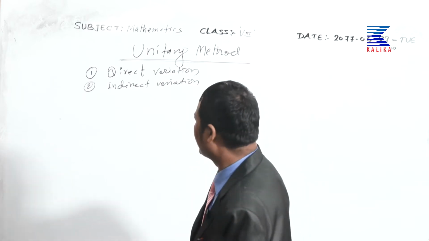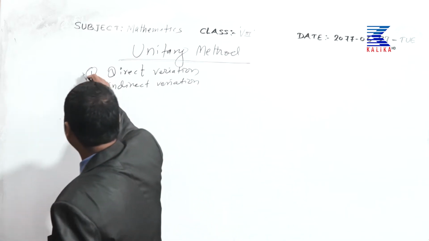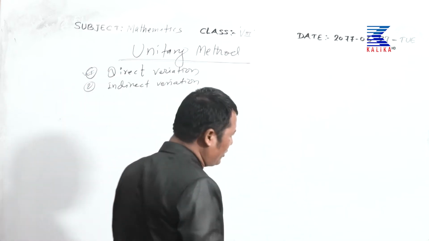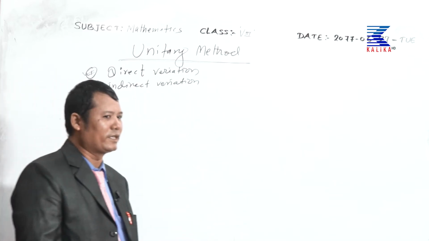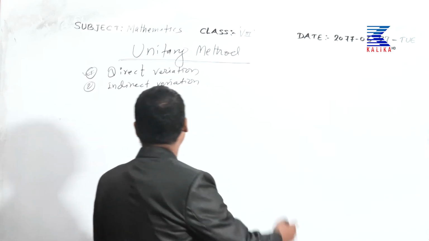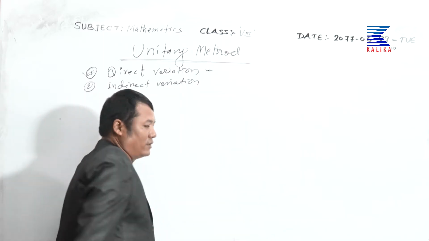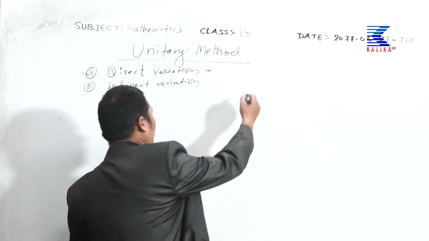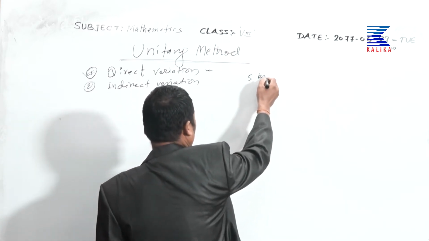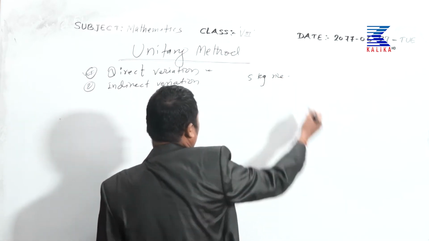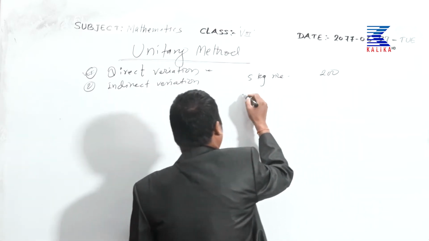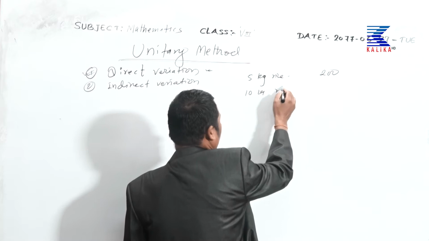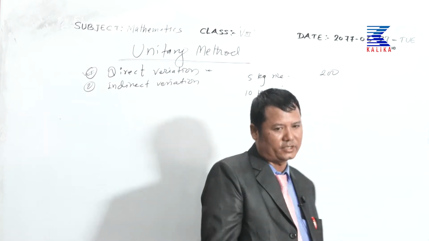Direct variation is if the weight is increased and the amount also increases, that is direct variation. For example, 5 kg rice costs 200, and 10 kg rice obviously costs more, isn't it?